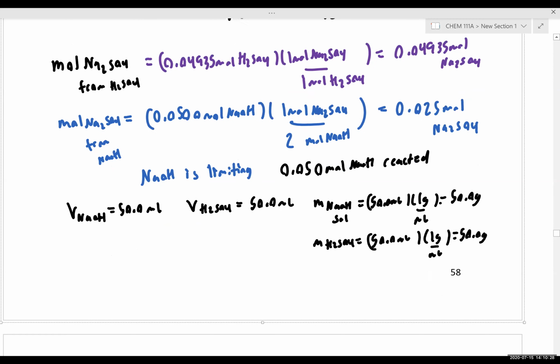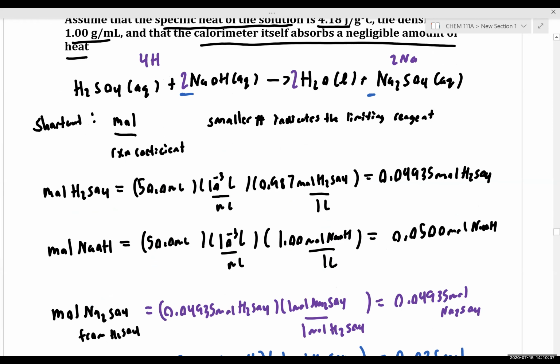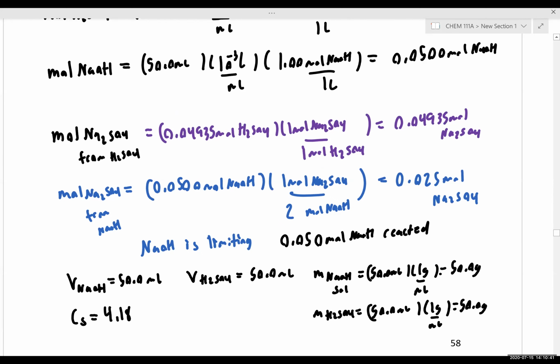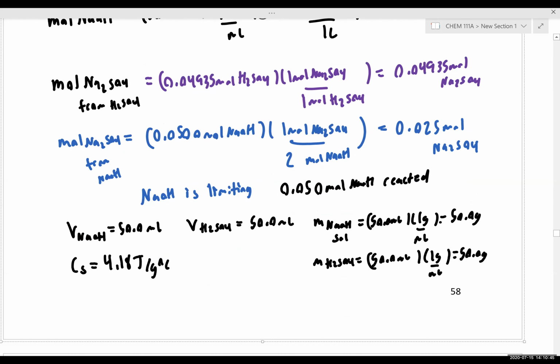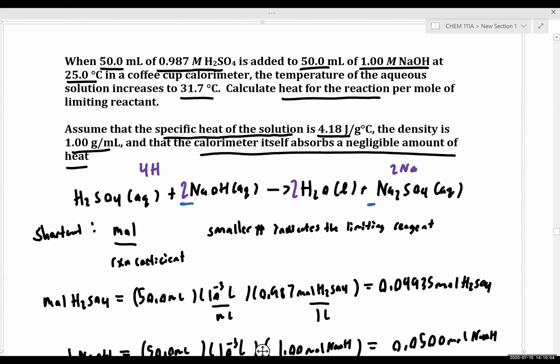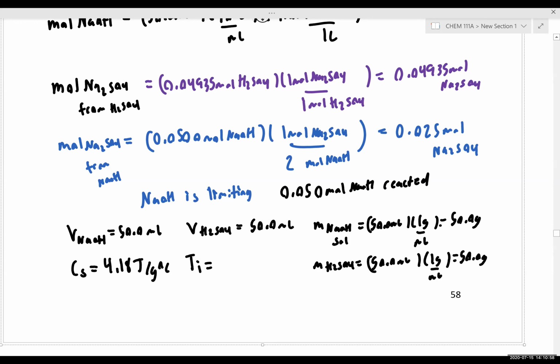We know that the specific heat of the solution is 4.18 joule per gram degree Celsius. We know that the initial temperature in this case is 25 and the final temperature is 31.7.